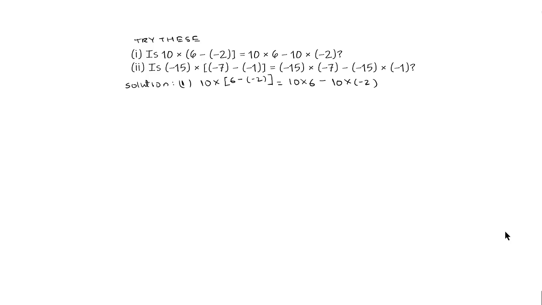Part 1, we take LHS equal to 10 multiplied by, we solve this bracket, 6 minus minus 2 equal to 6 plus 2. This is equal to 10 multiplied by 8, and this is equal to 80.